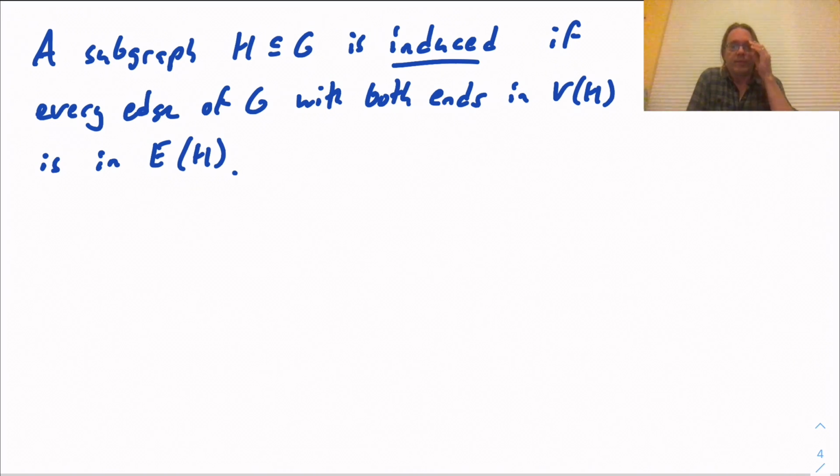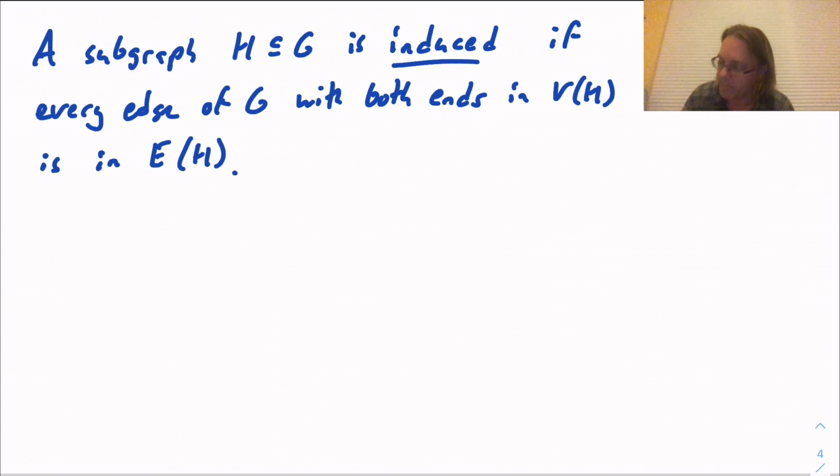Equivalently, induced subgraphs are precisely the subgraphs that you get by deleting vertices, but not edges. I gave you as an operation, you start with the big graph, and I allow you to delete vertices. If you delete some subset of vertices, then here are the vertices you're left with, and you'll be left with all possible edges with both ends in that set.